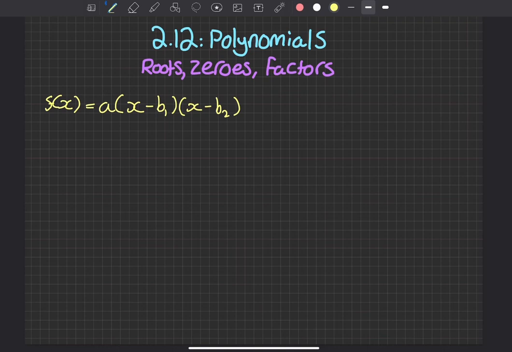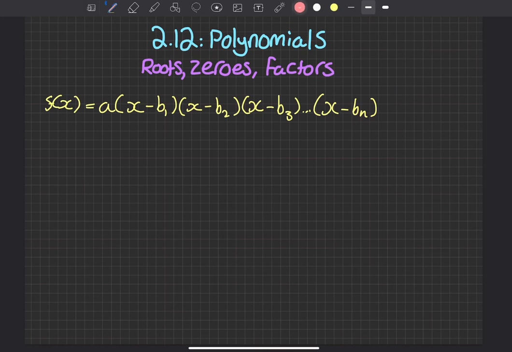But this factorized form doesn't only apply to quadratics, it applies to all different polynomials. And you can just keep going and adding more roots based on the degree of the polynomial, right? So you'll just have x minus bn. And n here indicates that the amount of roots you have, the amount of factors you have, is based on the degree of the polynomial.